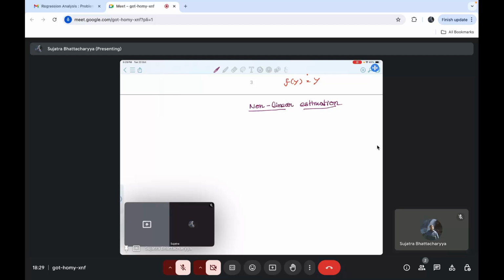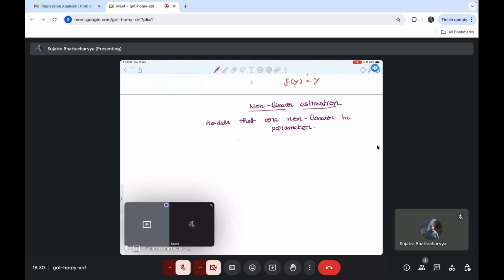So models that are non-linear in parameter. That is where this non-linear estimator comes into play.